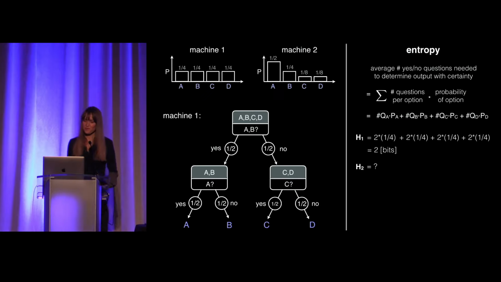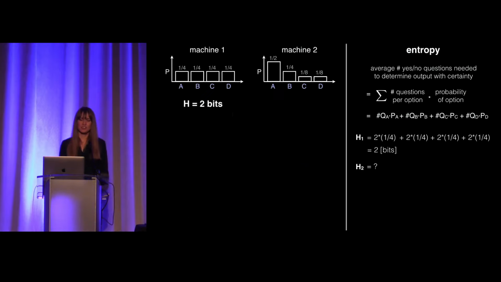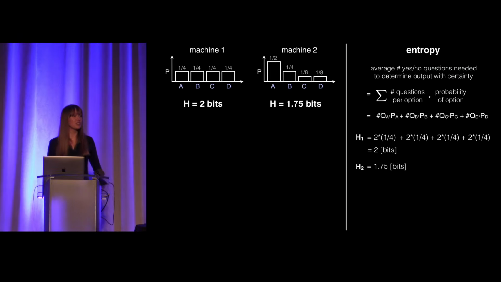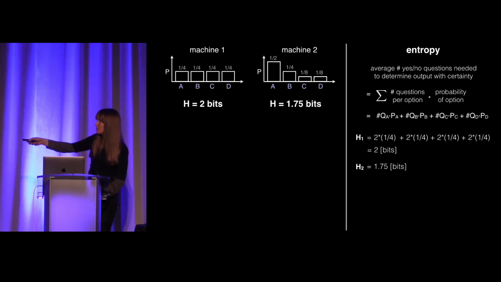Okay, so we saw that machine 1 had an entropy of 2 bits. If you work out the entropy for machine 2, you should get 1.75 bits. So you see that machine 2 has lower entropy than machine 1. And it turns out that in this case, when we have 4 options, the maximum entropy solution will give us 2 bits of entropy.